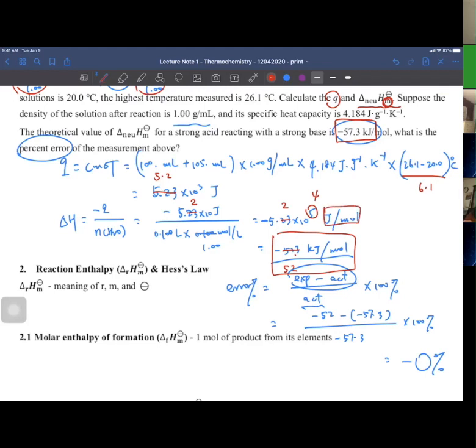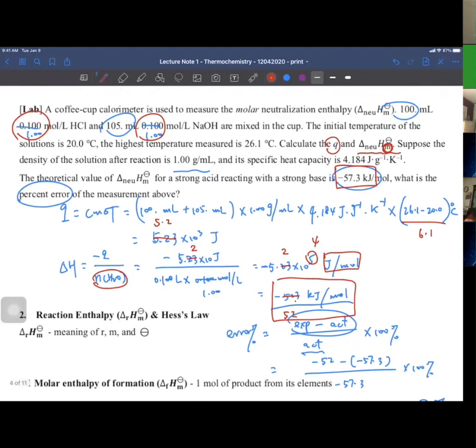And here, since it's a neutralization, we are asking how many moles of water are produced. And why do we use the acid to calculate the moles of the water? That's because the base is slightly in excess, right? 100 milliliter compared to 105 milliliter. Makes sense to you, right?